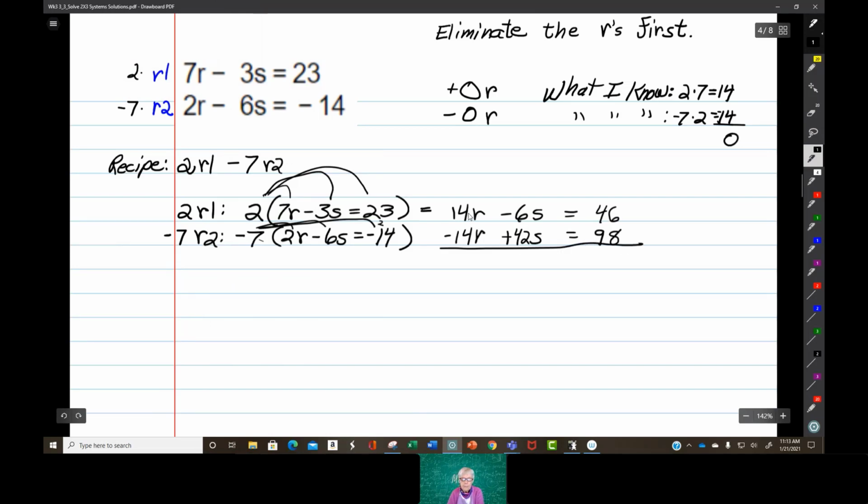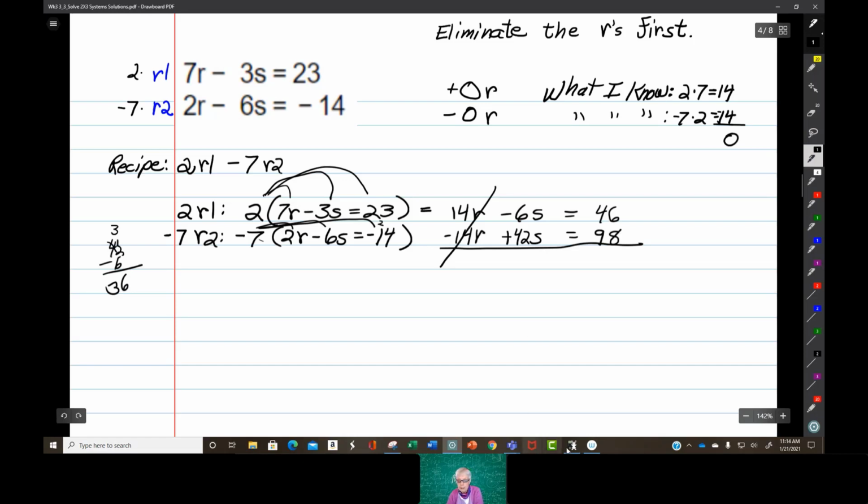Now, 14 minus 14 is 0, so 14R minus 14R is 0. Negative 6S plus 42S is the same thing as 42 minus 6. 12 minus 6 is 6, and the 4 becomes a 3.